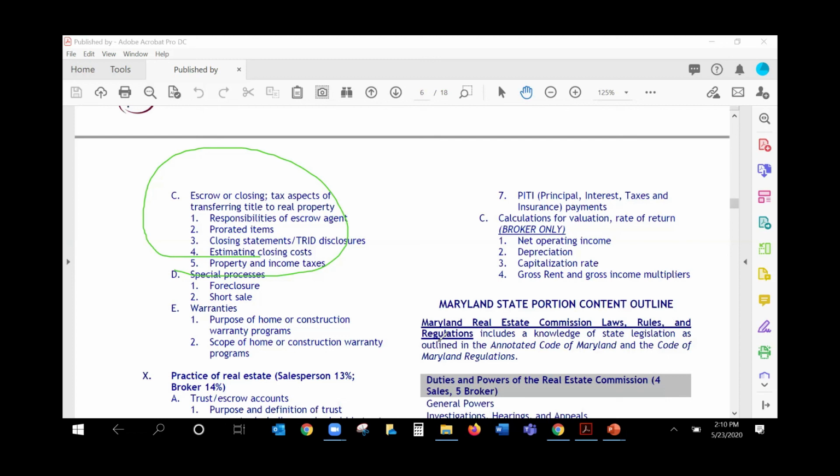So prorating just means what? There are certain things that are paid on a certain date, and that due date does not change just because I bought the house. So for example, in Maryland, taxes are paid either you pay it July 1st, the entire bill for the year, so from July 1st to June the 30th, or you split it into 2. Half of it is paid July 1st, the other half is paid in January.